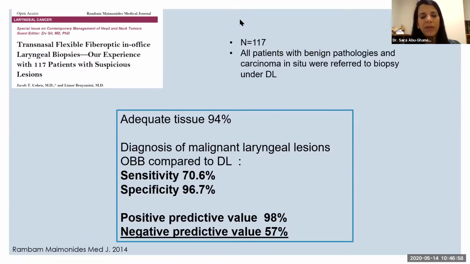However, as you can see here, the number is pretty low. Sensitivity is 70%, specificity is 97%, and as you can see here, the negative predictive value is 57%.